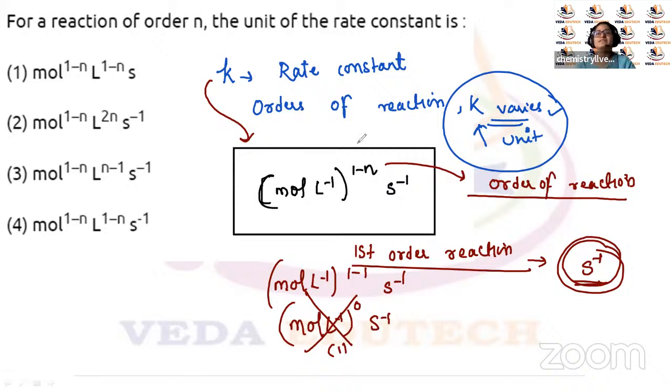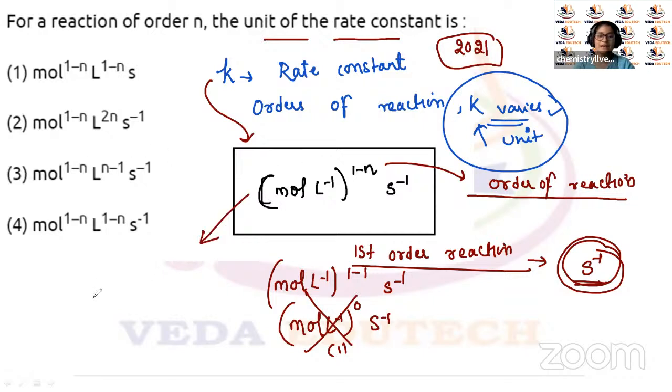So now the question is, this is a previous year question. This was asked in the year 2021 or something like that. Okay, so what is this? For a reaction of order n, what is going to be the unit of rate constant, children? When we know that this is going to be the unit of rate constant, now how can we modify it and write?